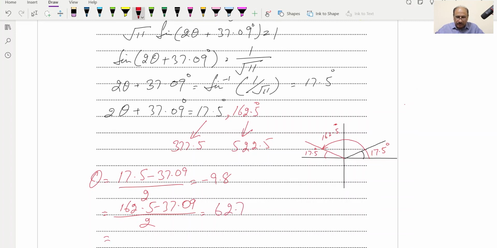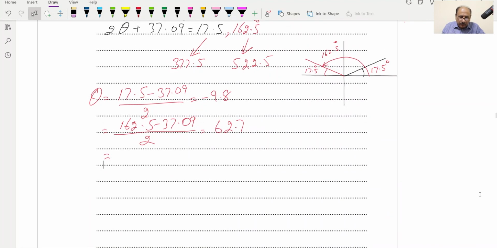Now the third angle which we can write will be 377.